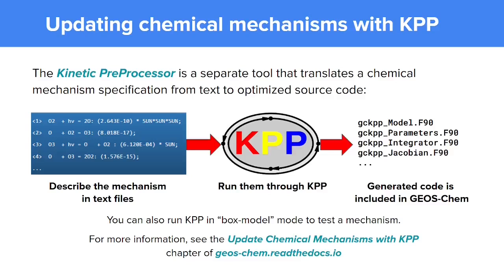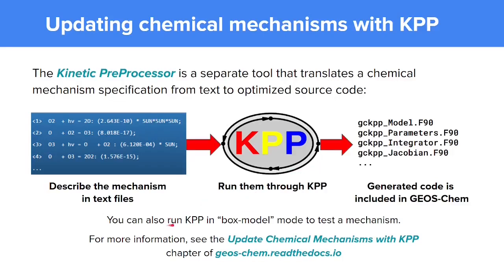So how it works is that you first lay out a chemical mechanism in text files, plain text. Then you run that through KPP, and KPP will generate a bunch of Fortran modules that we add into GEOS-Chem, and these Fortran modules accomplish the integration of the chemical mechanism forward in time.